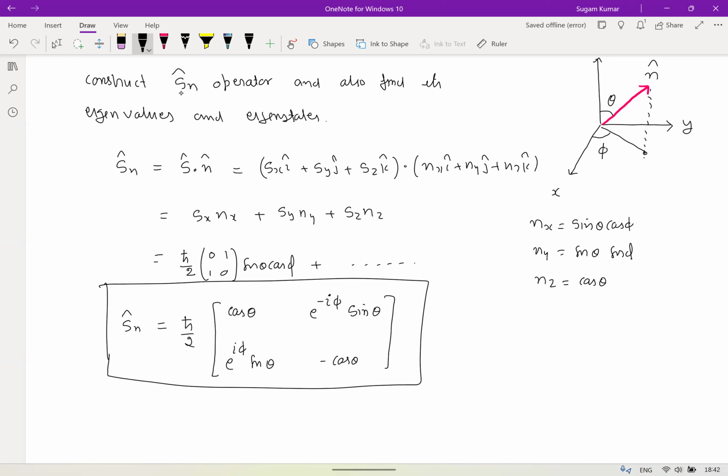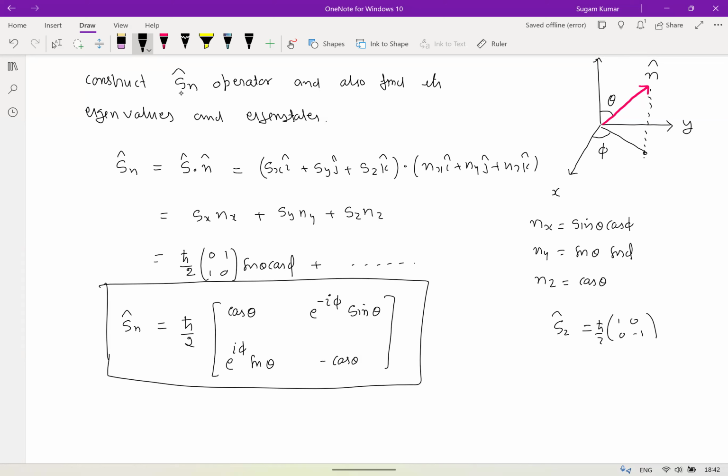When you apply the magnetic field along any n direction, the operator of the spin takes this form. If you look along the z direction, the operator form is h cut by 2 times 1, 0, 0, minus 1.